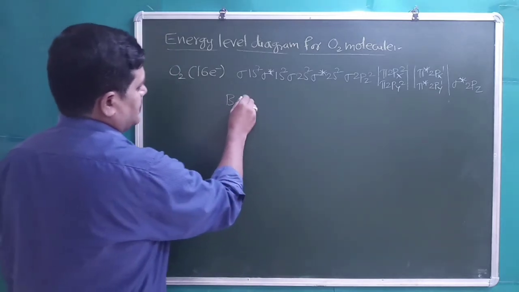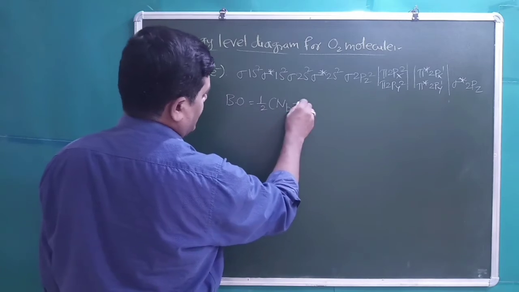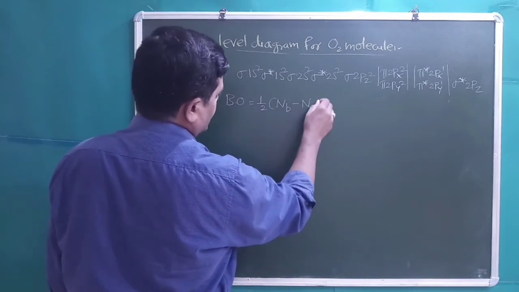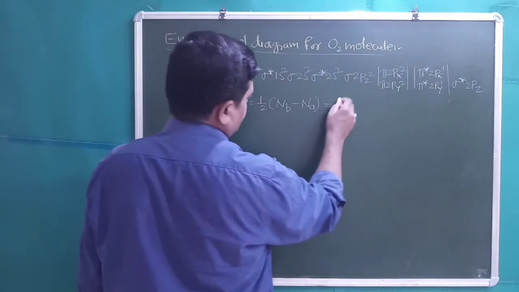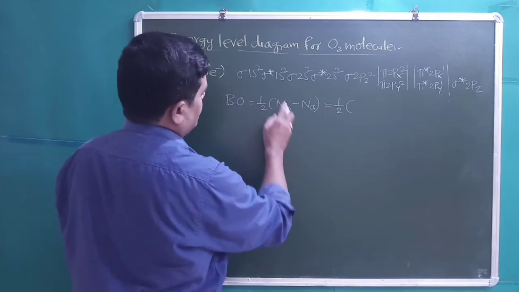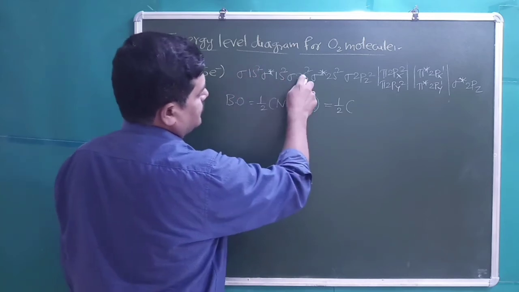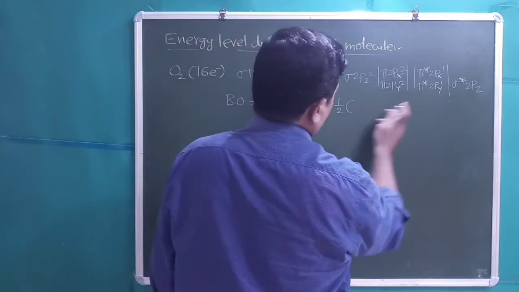Bond order is equal to half into number of electrons in bonding molecular orbitals minus number of electrons in anti-bonding molecular orbitals. Electrons in bonding molecular orbitals: 2 plus 2 is 4, 4 plus 2 is 6, 6 plus 4 is 10.